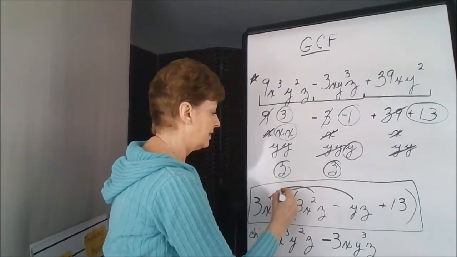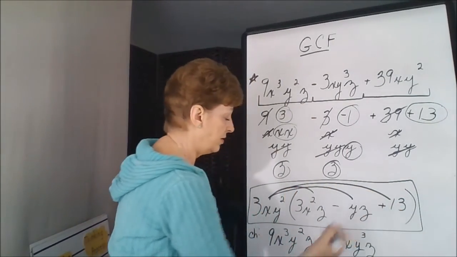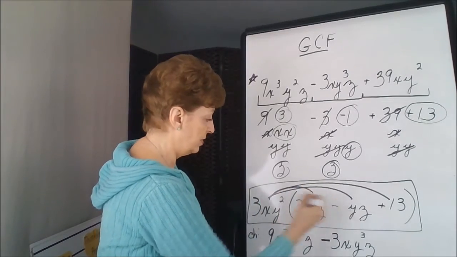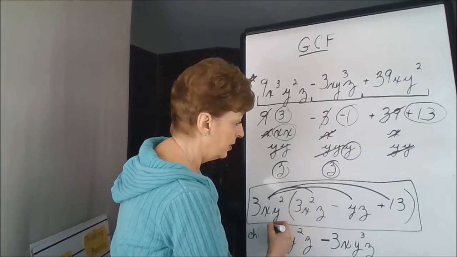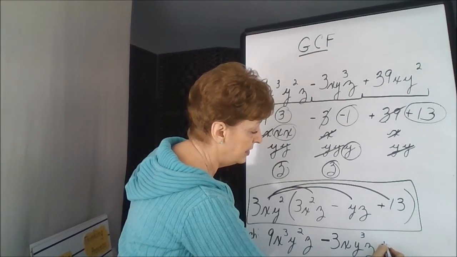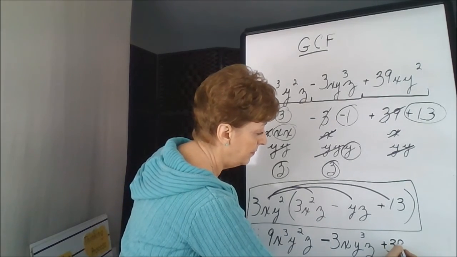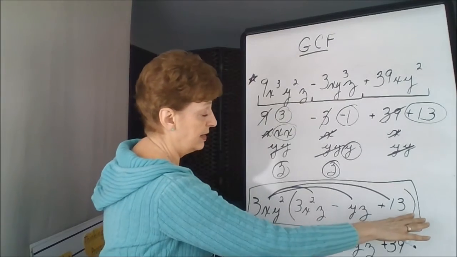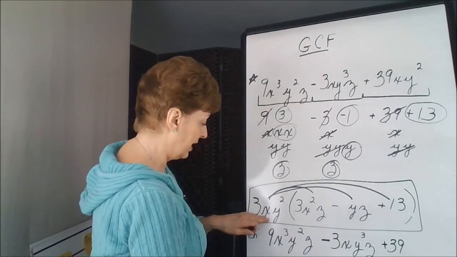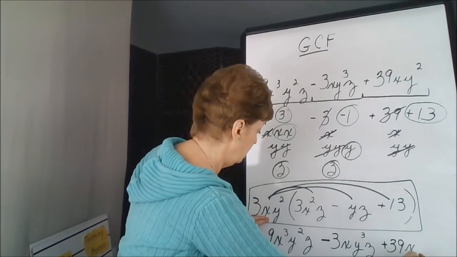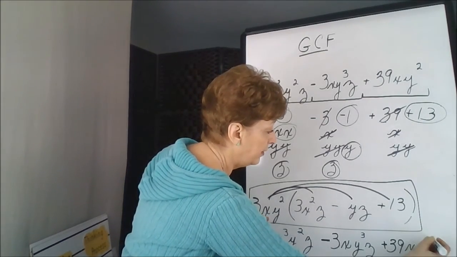And then way over here to the 13, we're going to distribute what we took out back to the 13. 3 times 13 is 39. There isn't anything under with the 13, so I'm just going to copy what I have here, x and y squared.